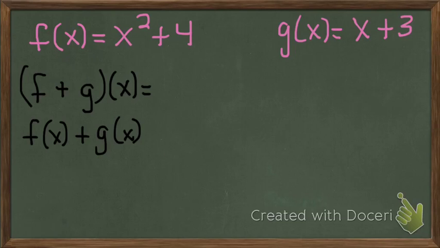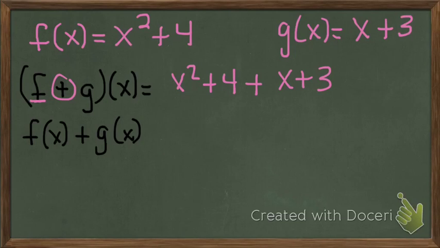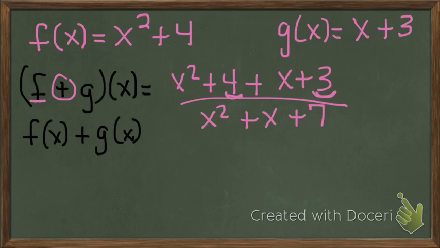So you write down the first function, x squared plus 4, plus g of x, and then simplify as much as possible. So you combine like terms. And so this would be f plus g of x.